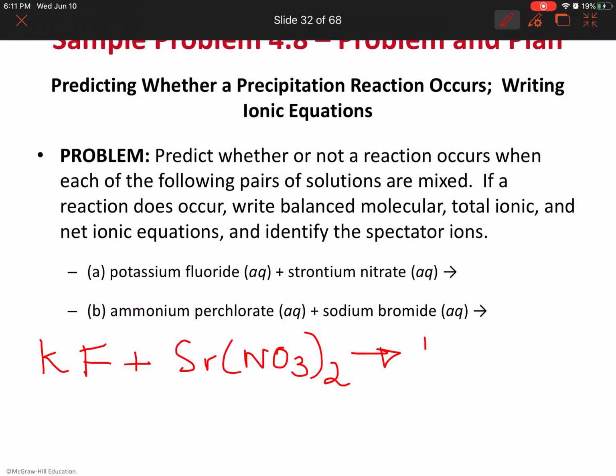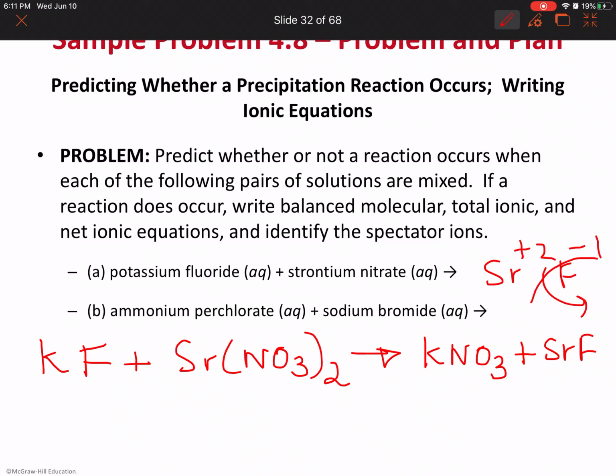So it's going to form KNO3, potassium nitrate, plus strontium fluoride. Now again, potassium is +1, nitrate -1, so the formula is KNO3. Strontium is +2, fluoride is -1. When you crisscross, the formula is going to be SrF2.